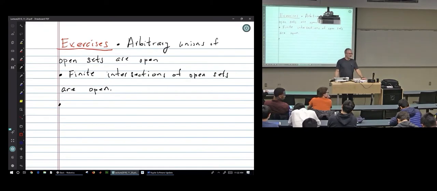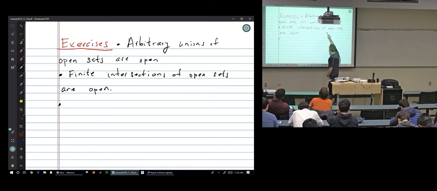Finite here, is that referring to the number of intersections? Number of sets, yeah. So you take as many open sets as you want and you look at their union, or you take a finite collection of open sets and you look at their intersection. Those are open.